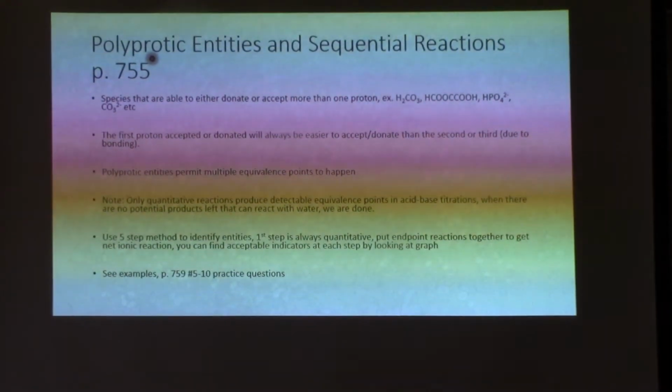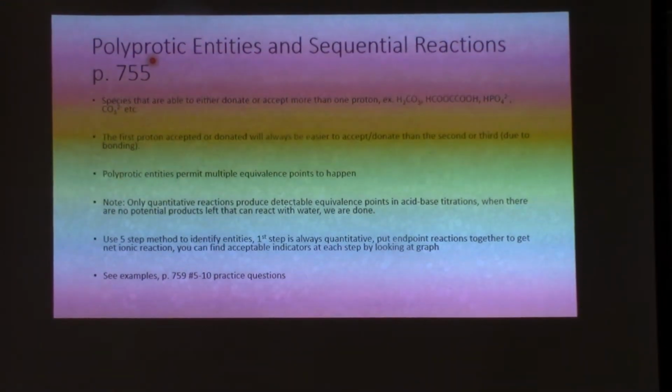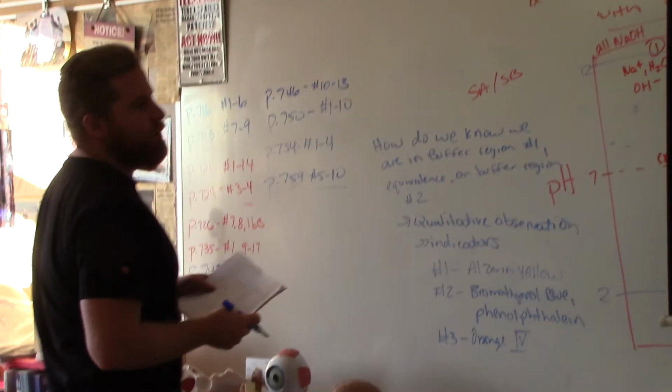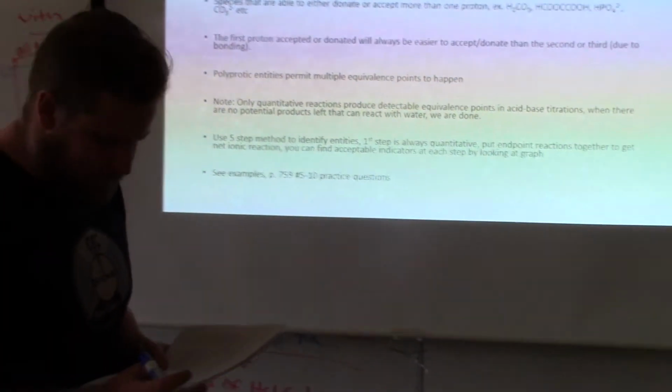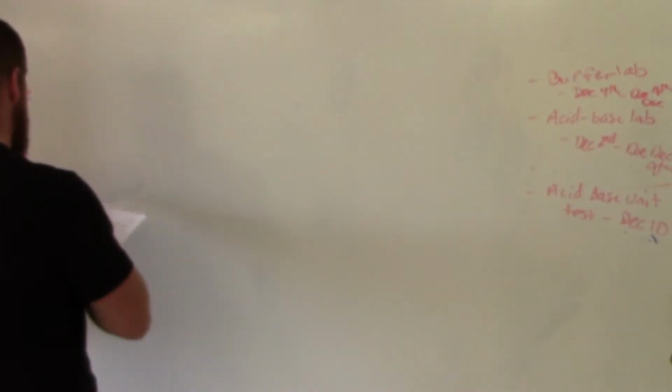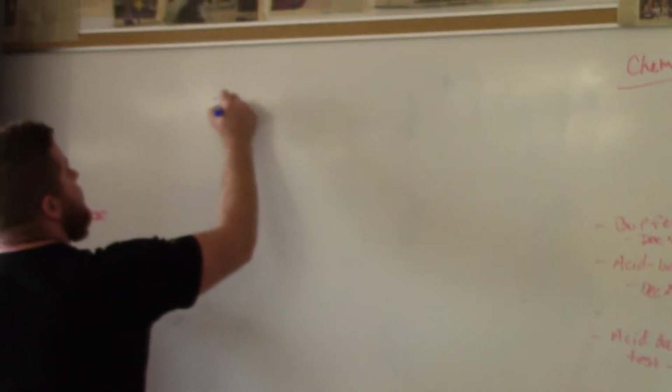I'm going to give you a bunch of examples here, but page 759, numbers 5 through 10 deal with polyprotic titration curves. So let's look at this one.